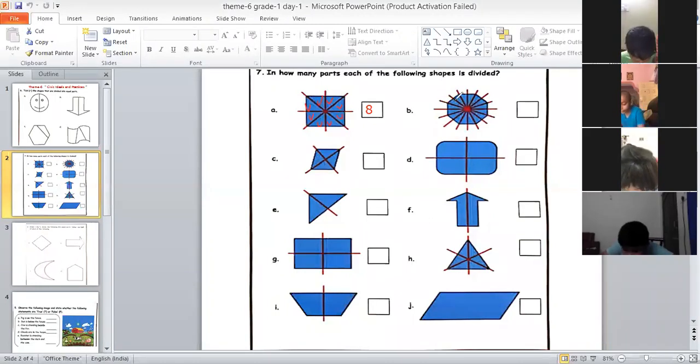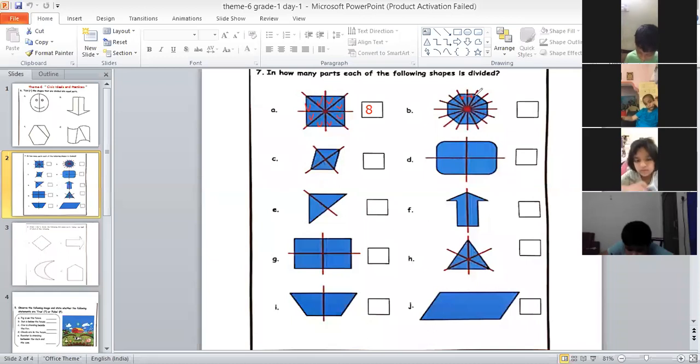Okay, let us count it one by one, Pradiksha. 1, 2, then 10, 11, 12, 13. Into how many parts? 16.